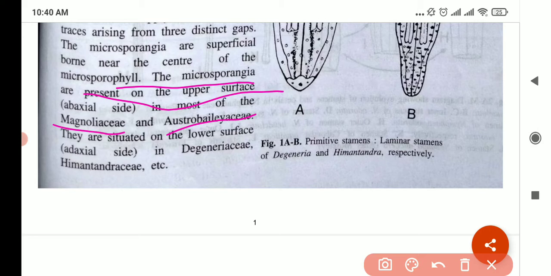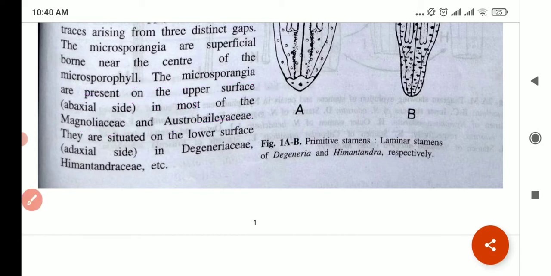So Magnoliaceae, the magnolia flower, you remember. Austrobaileyaceae: Austro from Australia, Bailey like that Bailey mineral water. From there you can get some good examples of Magnoliaceae and Austrobaileyaceae.